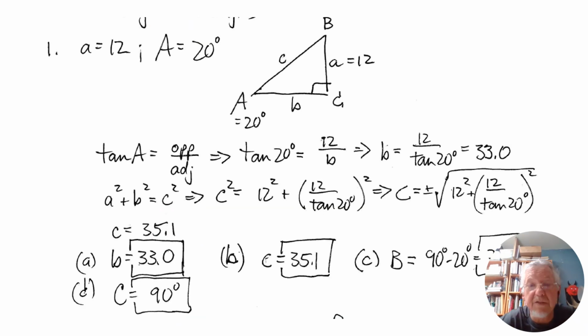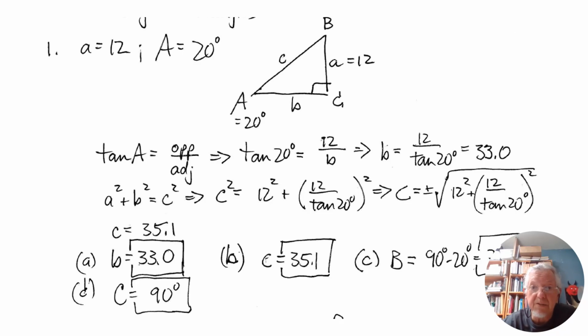All right, so you can see here in my diagram, here is side C. The right angle, this little symbol here is universally used to indicate a right angle. This vertex, capital A, is 20 degrees.